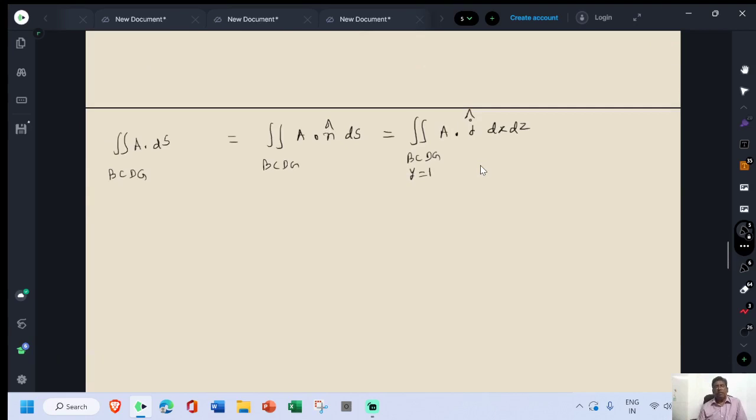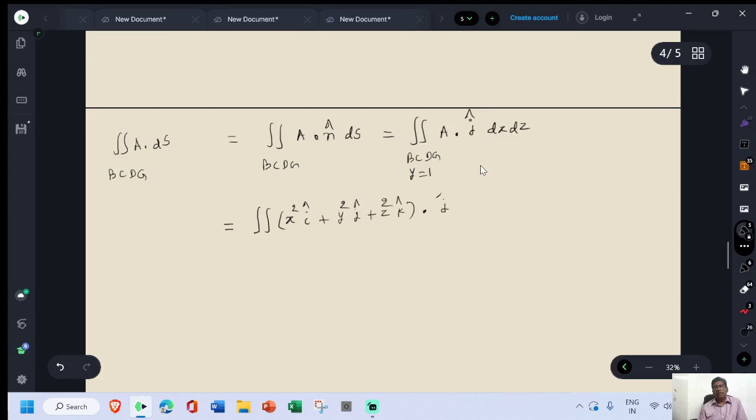Now we have to evaluate this integral. The value of A is x square i plus y square j plus z square k dot n cap value is j into dx dz over BCDG, and y equal to 1. This is equal to integral of, say, j dot j 1. This is y square dx dz.